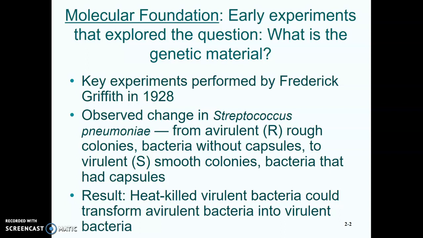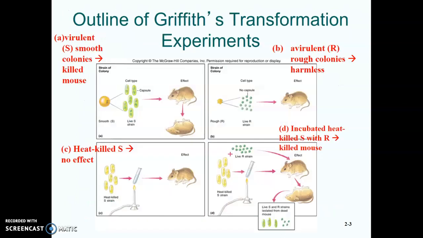So in his experiment, he took virulent smooth colonies and put them into the mouse. And when he did that, the mouse died. When he took the avirulent rough colonies and injected it, the mouse lived.